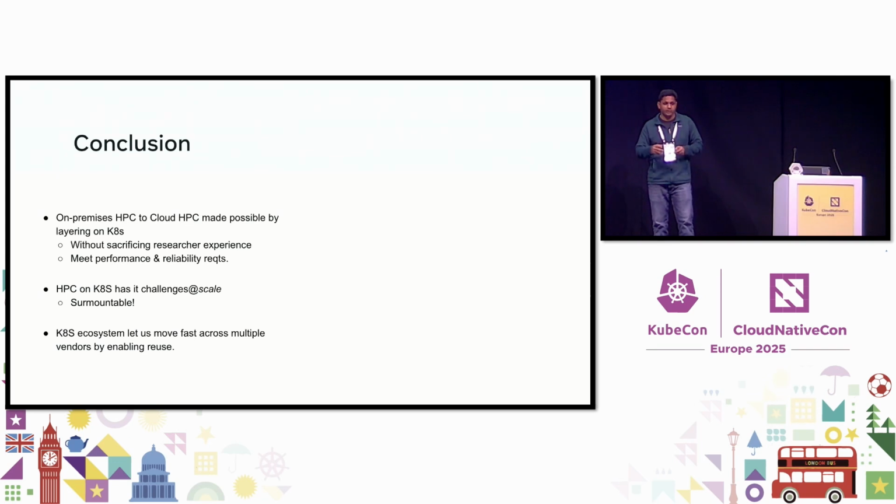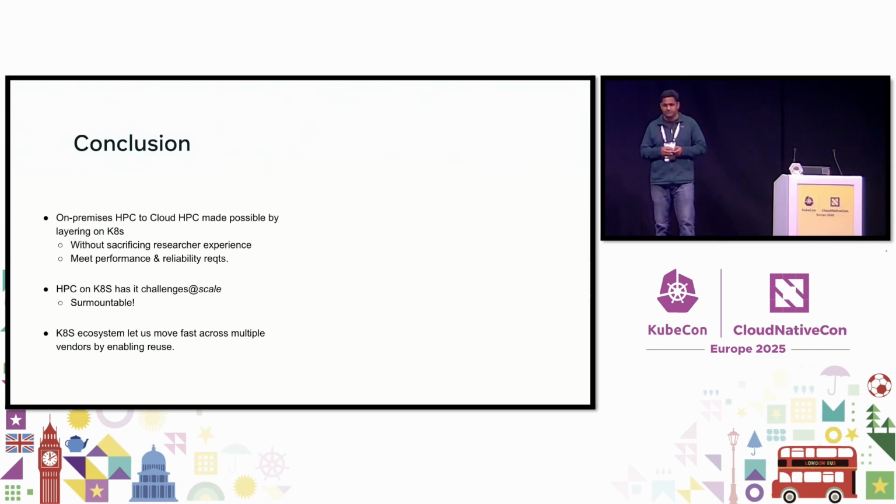We are able to deliver things faster in the cloud, making more services and new features available faster, unlocking innovation. And we did not have to sacrifice on research experience. That was very, very important for us.